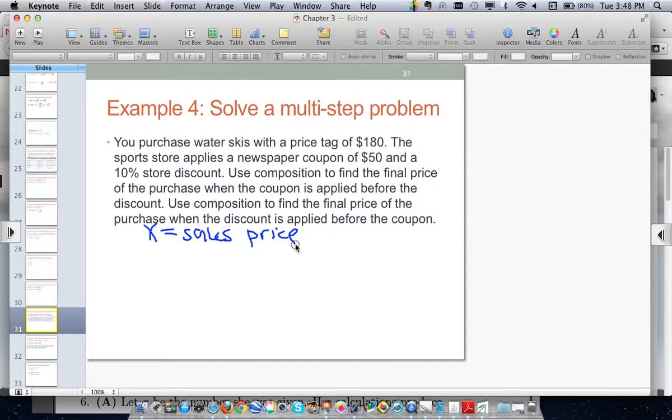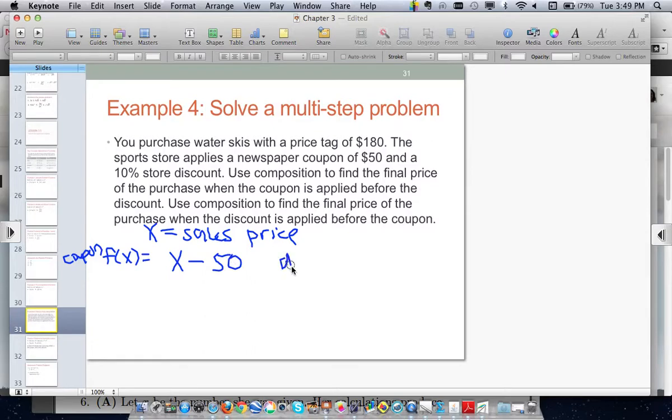So the first function, let's just call it f of x, is what's going to represent the coupon. So let's put coupon here. Okay, so the price minus the coupon.